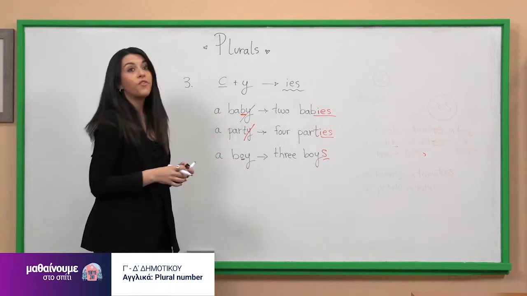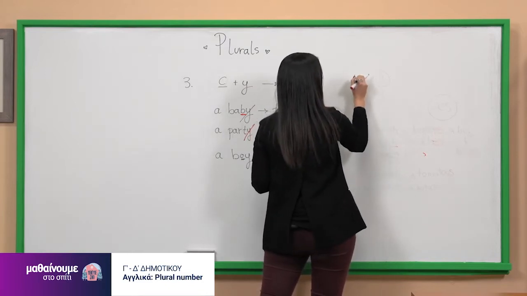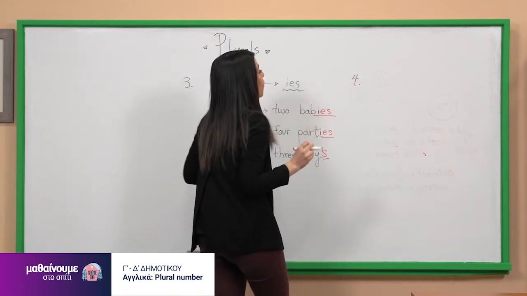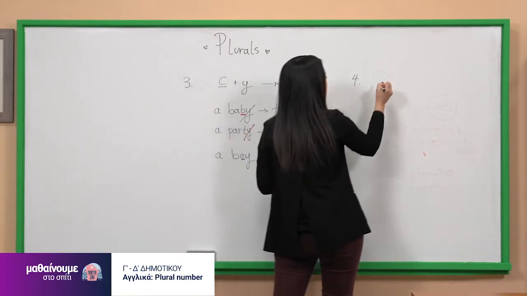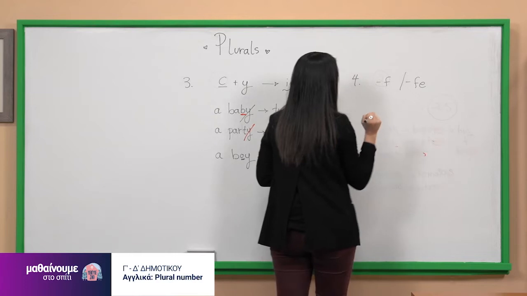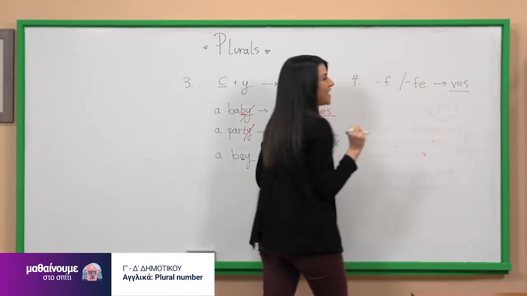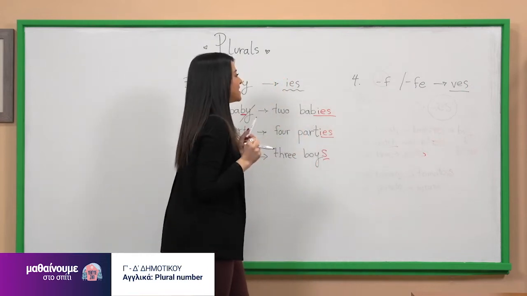Now, the fourth one. Let's write it over here. Oops, with the black. So, when the noun has, in the end, F and FE, we put VES in the end. Let's see some examples.